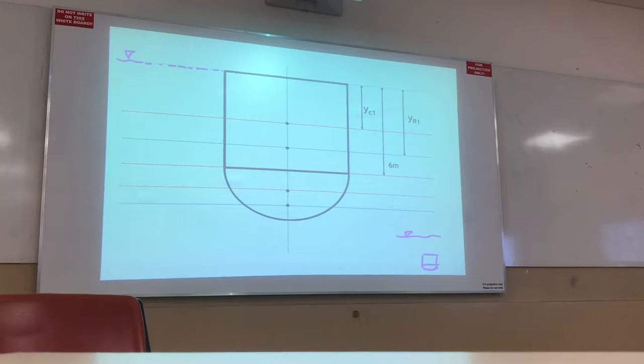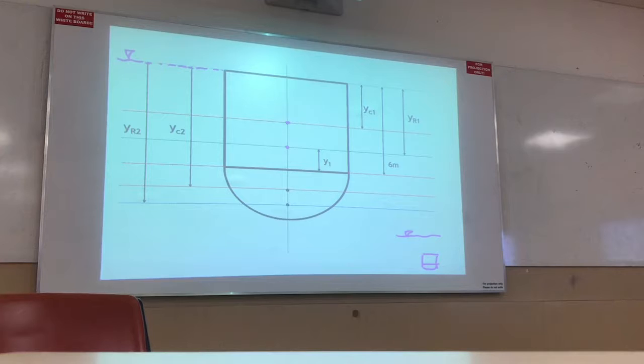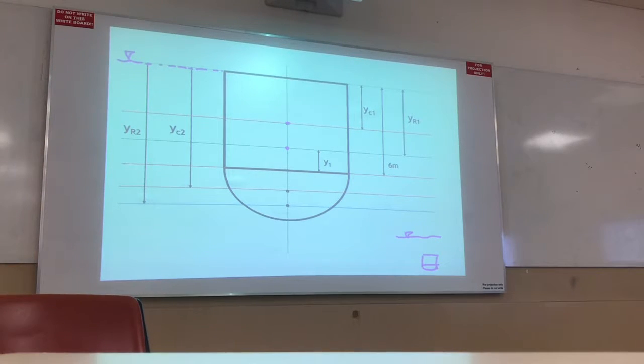Now, what is this? This is the center of gravity, and this indicates the center of pressure of the rectangular object. Similarly, this one indicates the center of gravity for the semicircular object, and this one its center of pressure. So I can calculate the distance YC1.